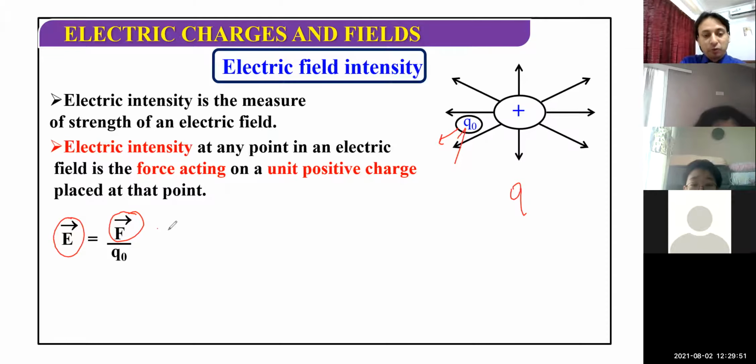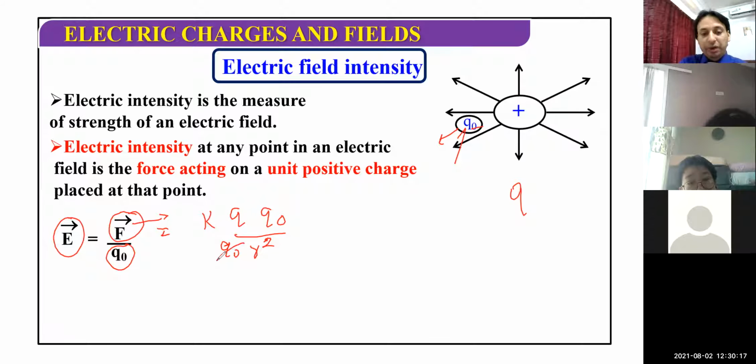Now students, from Coulomb's law, this F can be further written as F equals K times Q, I have taken the plus charge, that is Q, times the second charged body Q naught, divided by the square of the distance between them. Suppose there is a certain distance between Q and Q naught, that is R squared, and we divide by this term Q naught.